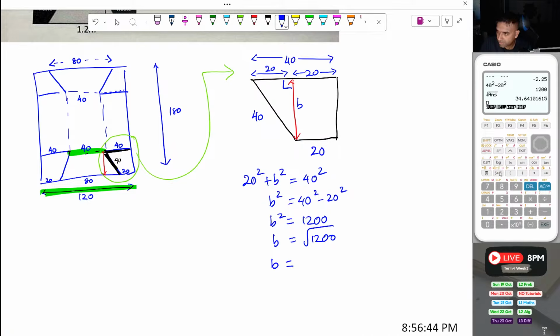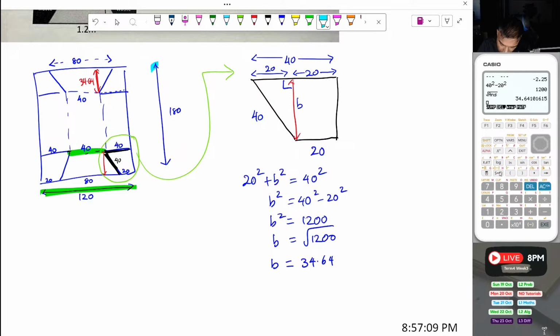That gives me 34.64. So if that red part is 34.64, the red part here is also going to be 34.64.